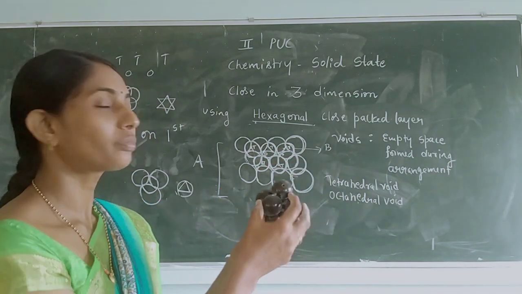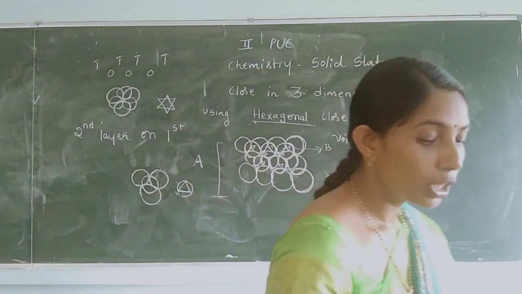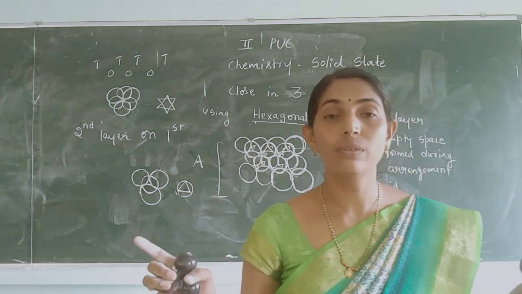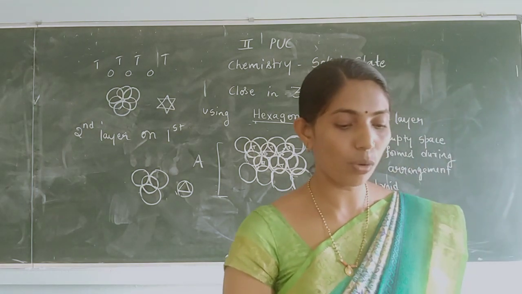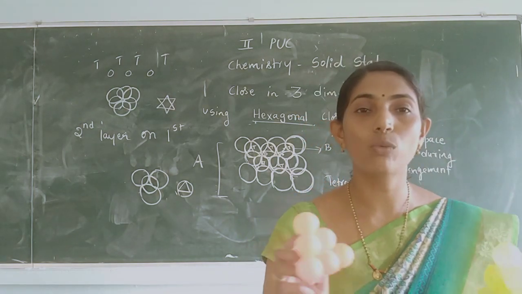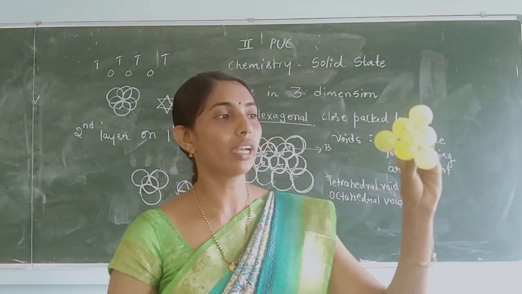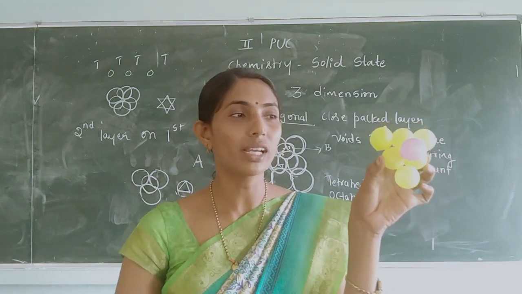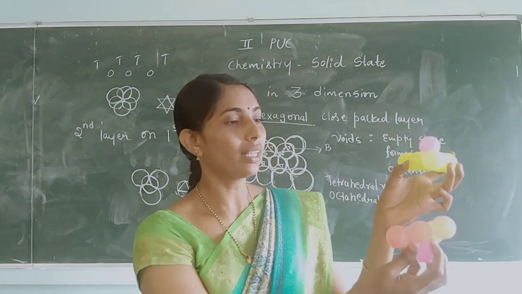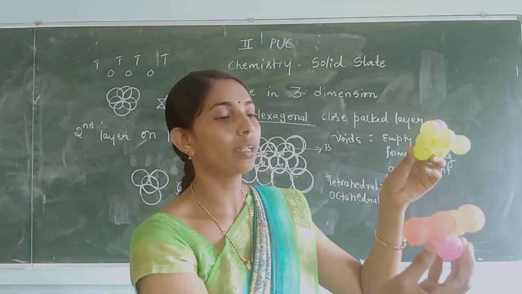Right. Okay. You can also say that two tetrahedral voids usually give you one octahedral void. Correct? When you join two tetrahedral voids, you will have one octahedral void. Now, this is a tetrahedral void in one layer, and in another layer you will also have a tetrahedral void here.